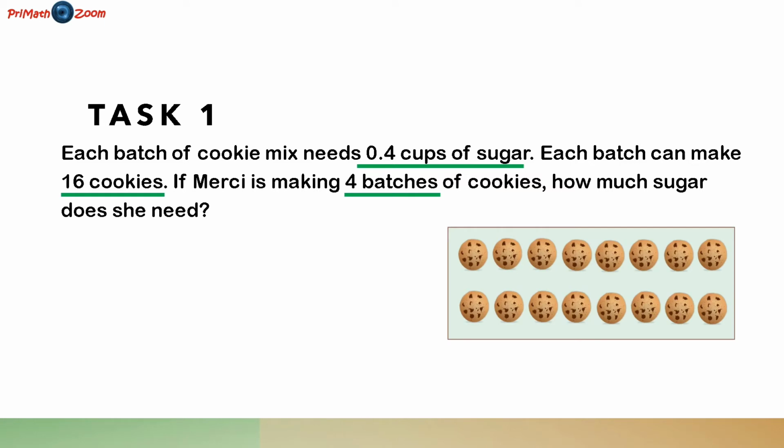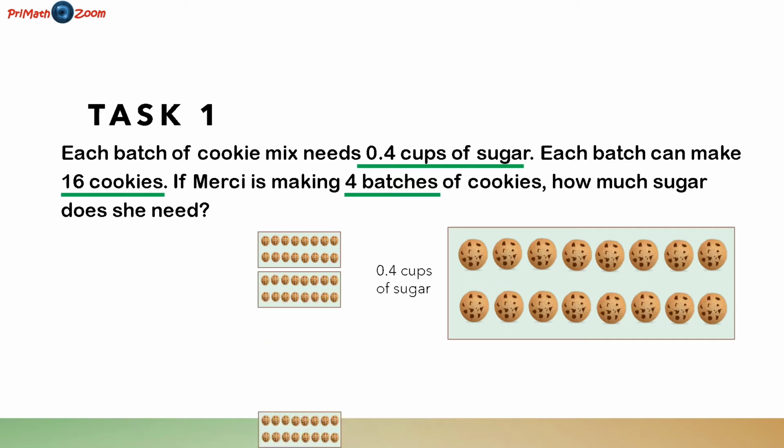Now, a batch of cookie with 16 looks like this. And 0.4 cups of sugar is needed to make a batch of cookie like this. So here it says it's 4 batches. 2, 3, 4 batches. So we're making 4 batches of cookies.